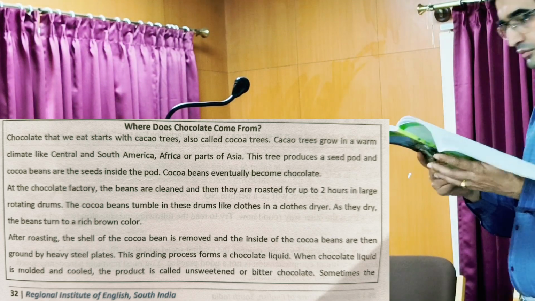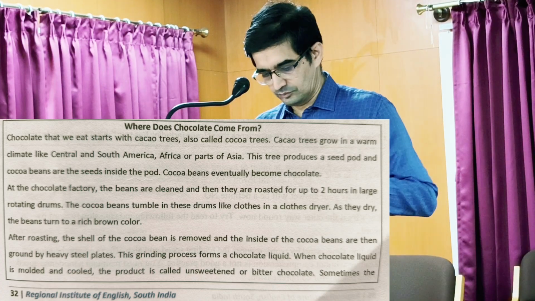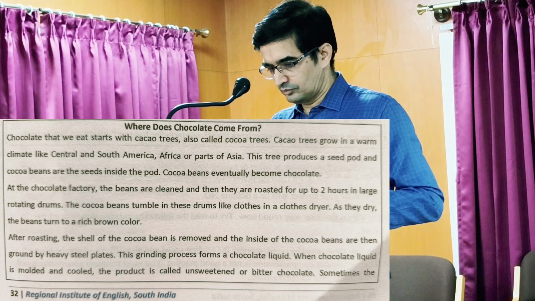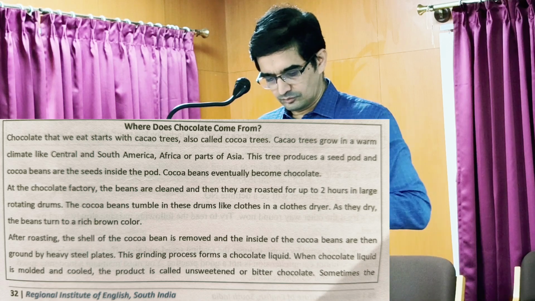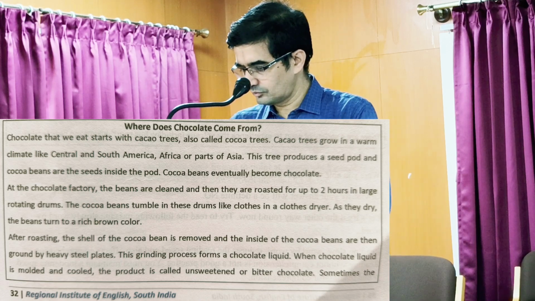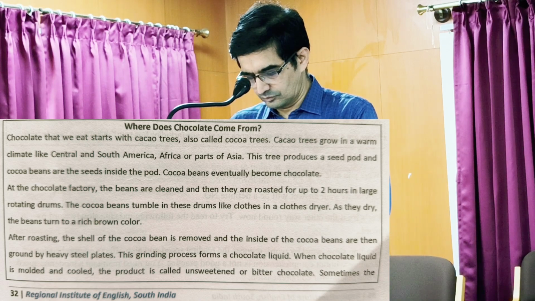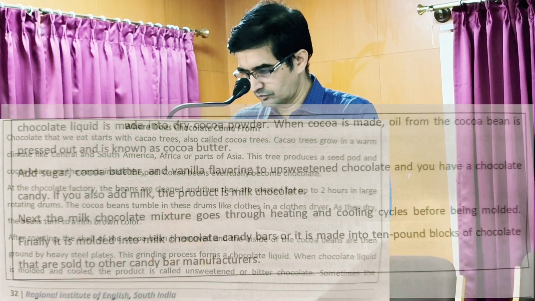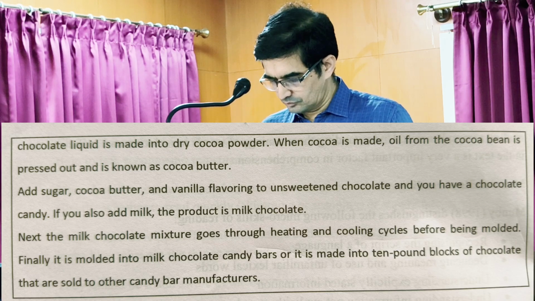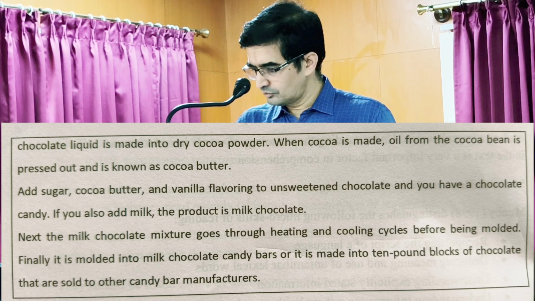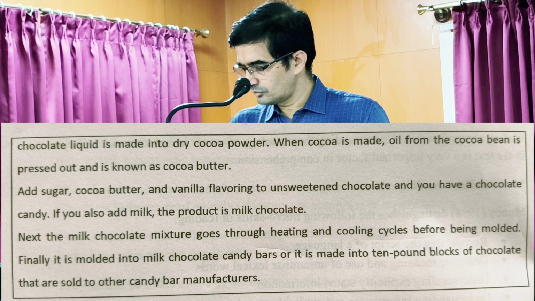After roasting, the shell of the cocoa bean is removed and the inside of the cocoa beans are then ground by heavy steel plates. The grinding process forms a chocolate liquid. When chocolate liquid is molded and cooled, the product is called unsweetened or bitter chocolate. Sometimes chocolate liquid is made into dry cocoa powder when cocoa is made. Oil from the cocoa bean is pressed out and is known as chocolate butter.